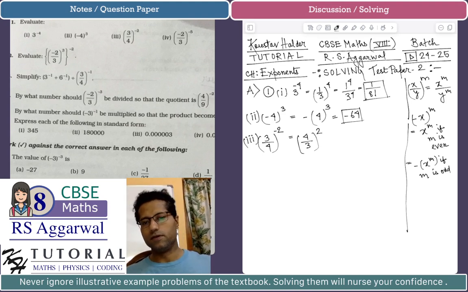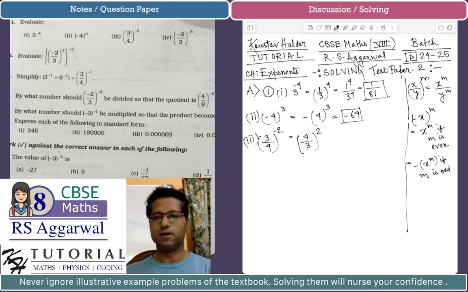So 3 by 4 raised to the power minus 2 will be the reciprocal of 3 by 4, which is 4 by 3 raised to the power 2. Now you can express it in the rational form, that is 4 square divided by 3 square. This is 16 by 9.